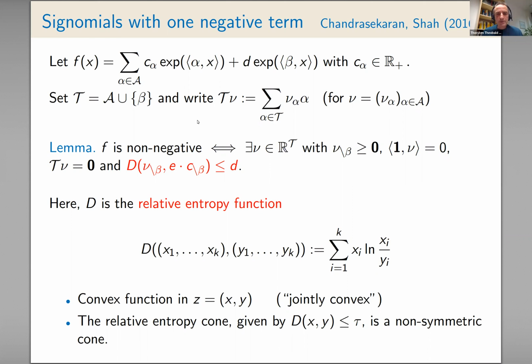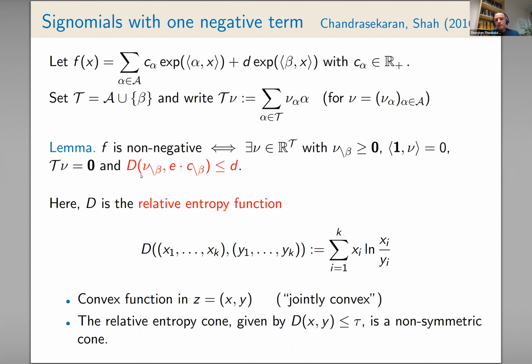And once we have this, we can exactly characterize the non-negativity of f in the following way. f is non-negative if and only if there exists a nu such that all the components, say up to possibly the beta component, are non-negative. Then the sum of the components of nu must be 0, which can be written in terms of the scalar product. And then also we have that this operator T nu must be the 0 vector. And additionally, some relative entropy conditions.